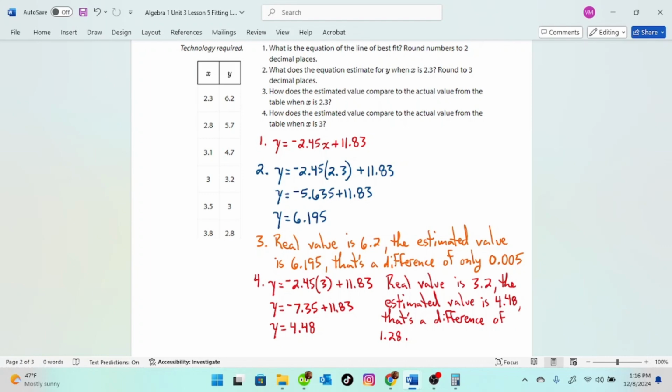And that's the thing about a line of best fit. The closer the points are to being in a straight line, the better the estimates will be, no matter what value of x that you use. But the more spread out from being a straight line your points are, the less accurate your estimates will be as the value of x changes.